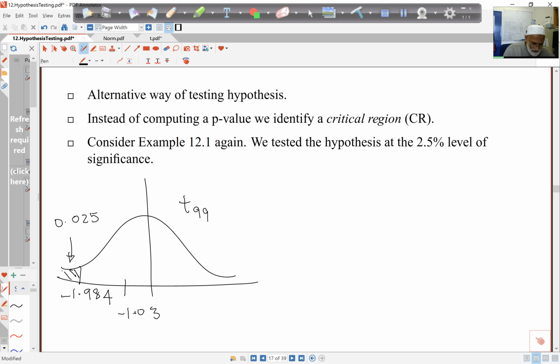So this region here that I've labeled, essentially shaded, is my critical region, or sometimes called the rejection region.